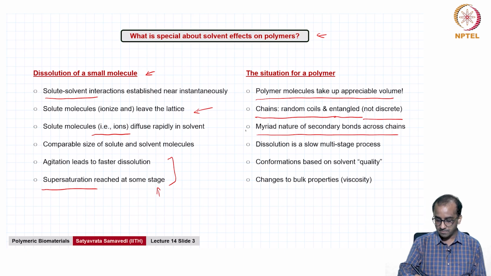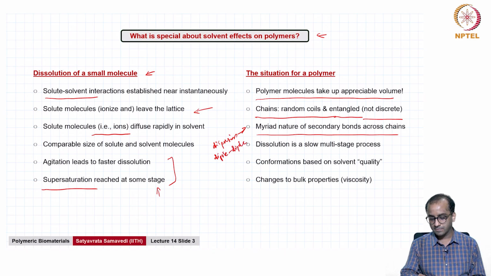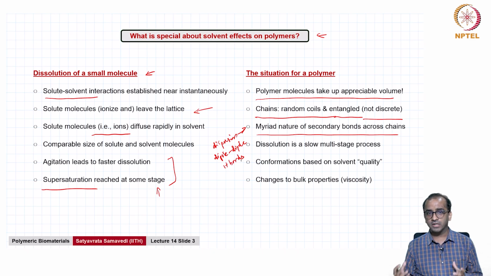So these could be dispersion, for example, dipole-dipole interactions, or even hydrogen bonds. It could be a bunch of different non-covalent secondary interactions that hold the chains together.